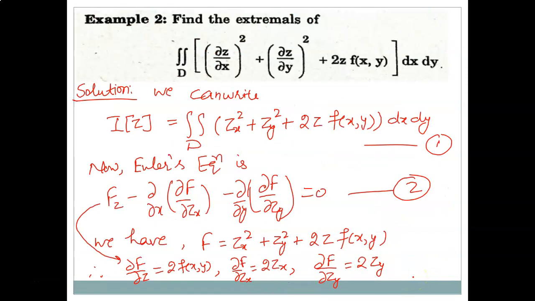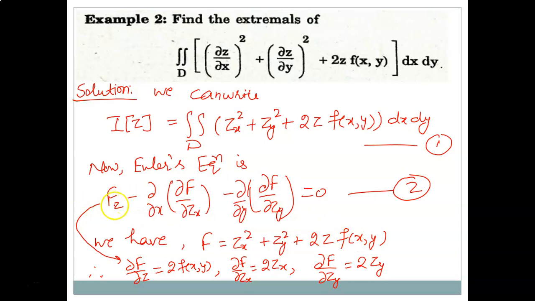Now we see the second one. In the second case, you have to find the extremal of this functional. You write this functional as I of z equal to the double integral of (zx² + zy² + 2z f(x,y)). Again, in this case, the Euler equation is this one. Now we have kept F equal to zx² + zy² + 2z f(x,y).